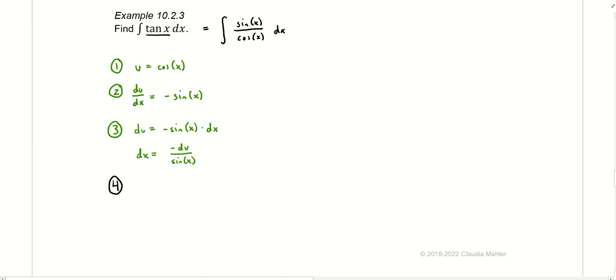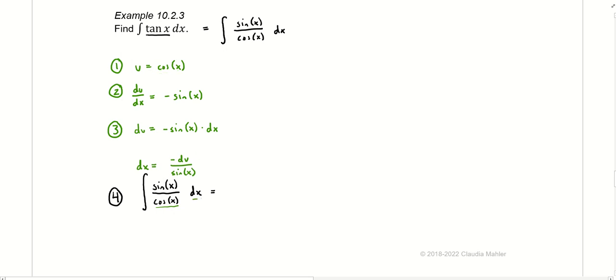So now let's do our substitution. We start with the integral, and I'm going to use this form here since we used that to help pick our u. We're integrating sine of x over cosine of x, and we're integrating with respect to x. Now for my substitution, every place I see a cosine of x, I'm going to replace it with u.